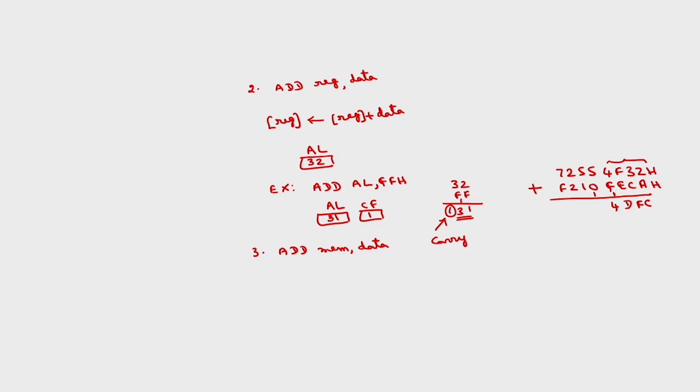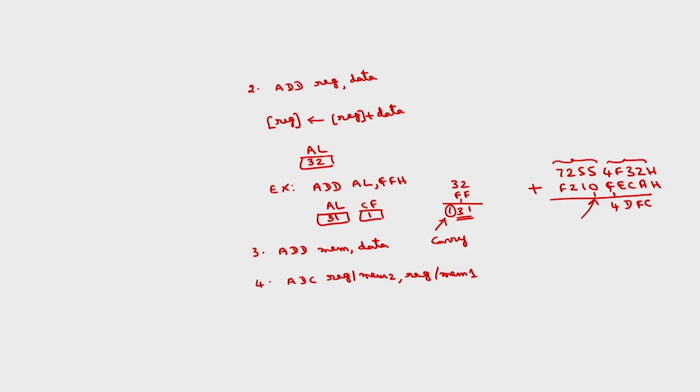So in the first cycle it will add these two numbers. Now in order to add these two 16 bit numbers in a single clock cycle, it has to add these two along with the carry which is generated from the previous stage. So in order to perform this type of addition, we require the ADC instruction. We can have ADC register/memory 2, comma, register/memory 1.